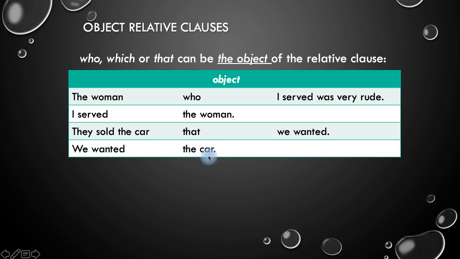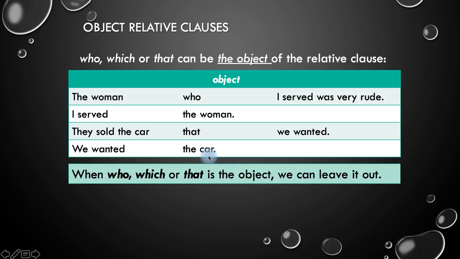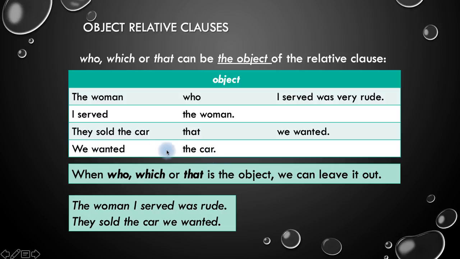So in this case, we can omit, we can leave out relative pronouns, and we can also say like this: the woman I served was rude. They sold the car we wanted.